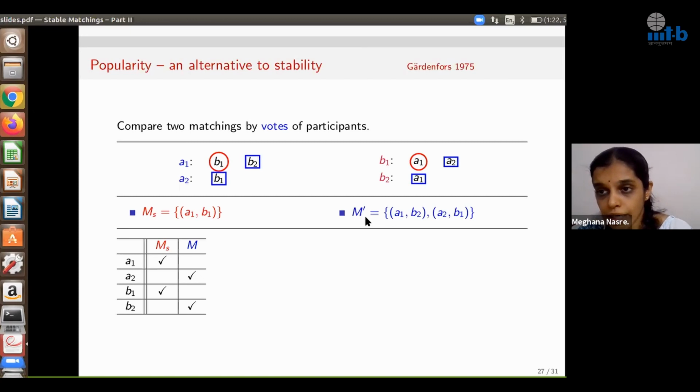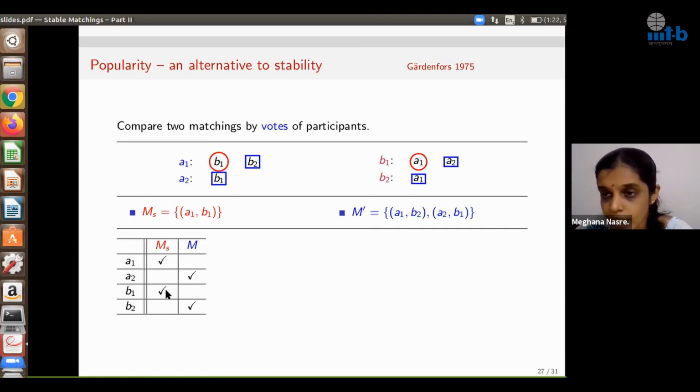But now let's look at the votes. A1, of course, gets its top choice, so it's going to give its vote to the red matching. It remains matched in the other matching also, but it gets its second choice. A2, of course, doesn't get matched here, so it will give its vote to the blue matching.